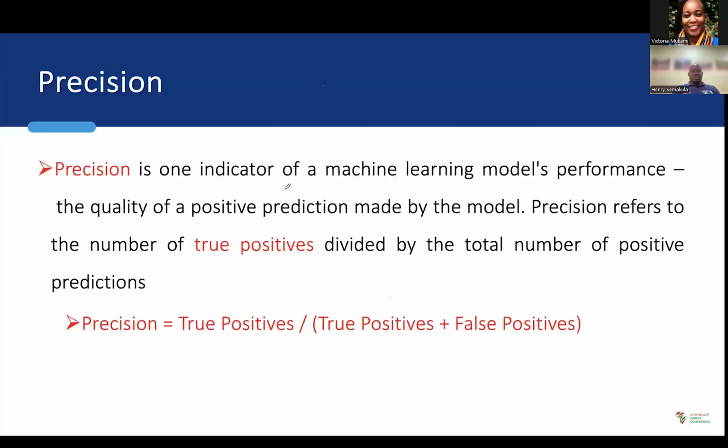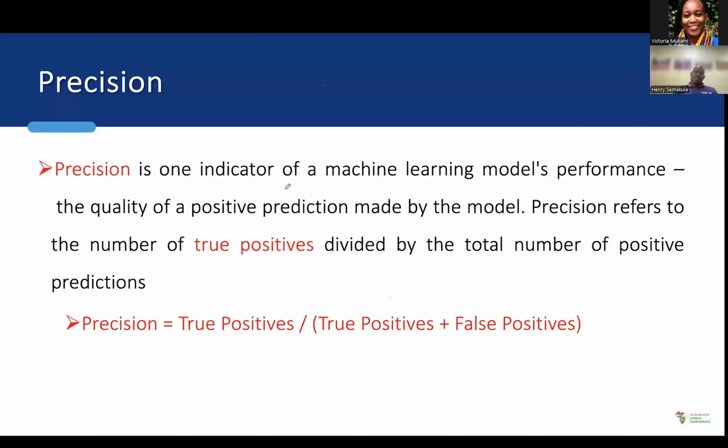So now let's look at what we call precision. Precision is one of the indicators of machine learning model performance to check the quality of positive predictions made by the model. It is given by the formula true positives divided by the sum of true positives and false positives.